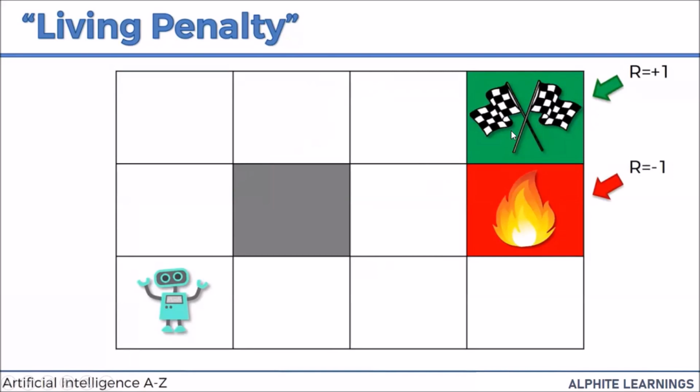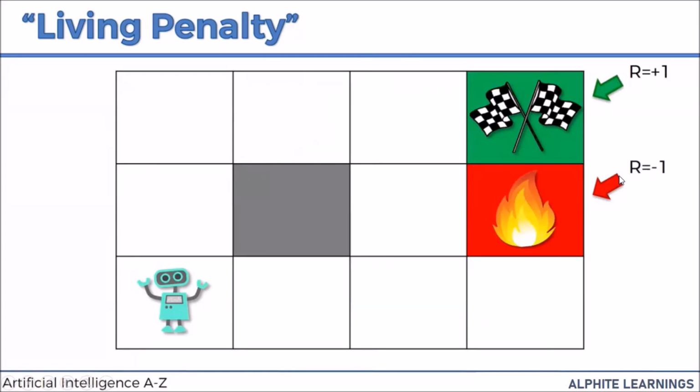We gave some policies and plans for the agent. We are not rewarding the agent anything until it reaches these two positions. If it goes here, it gets +1. If it goes here, it gets -1, right?